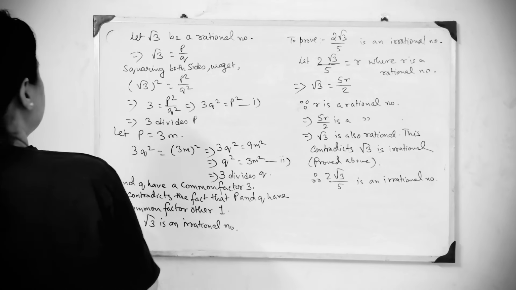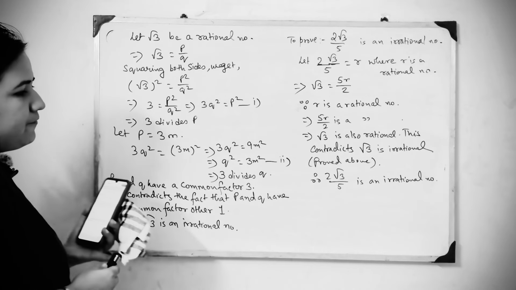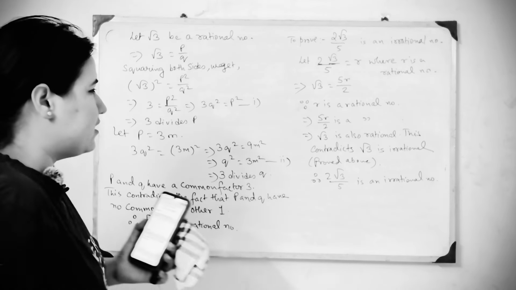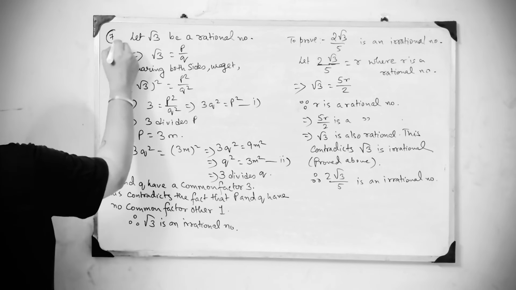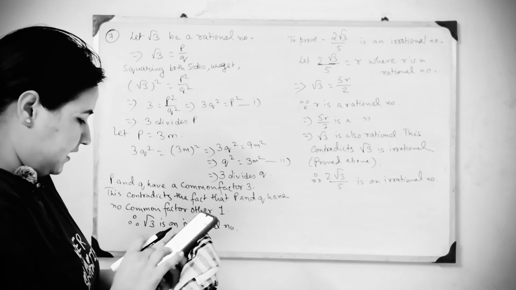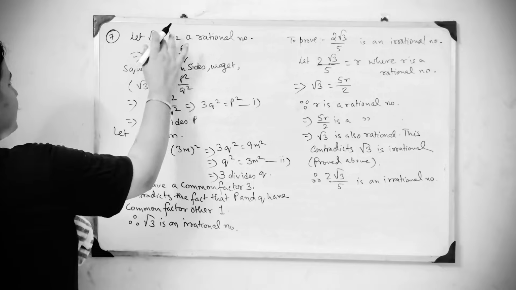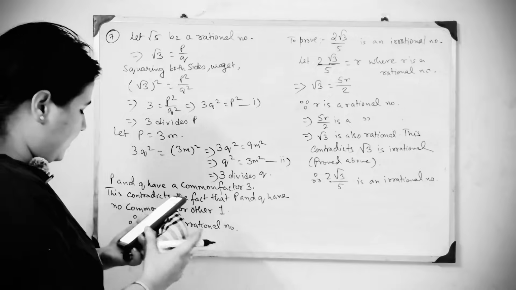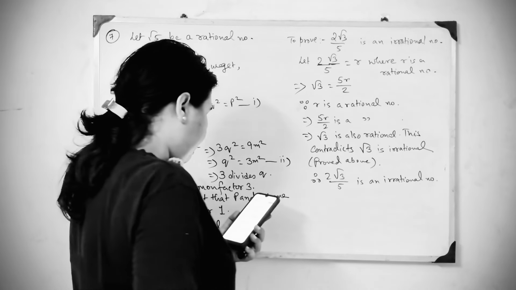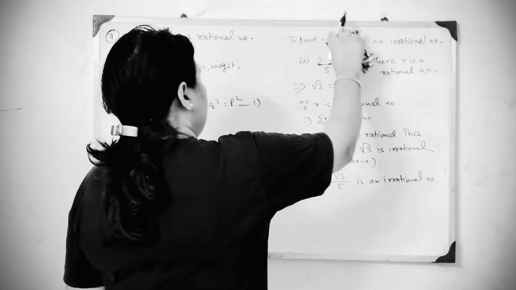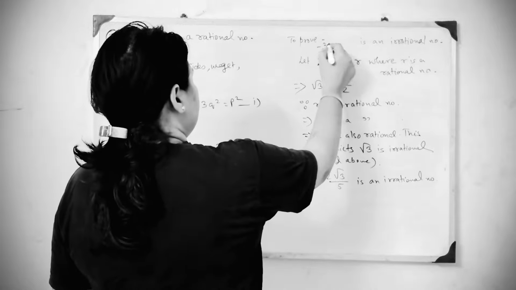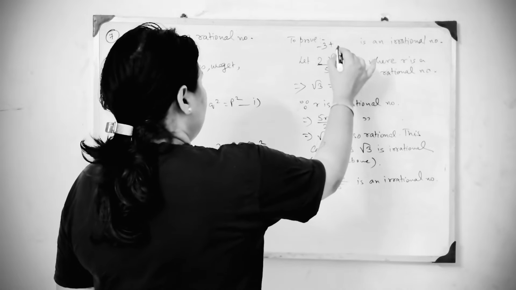And here also I only need to edit a few things, because the question is more or less similar. In question number 7, they are stating to prove root 5 is an irrational number, and here they have asked minus 3 plus 2 root 5.